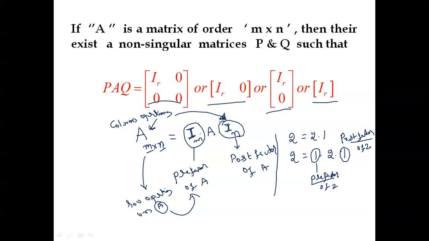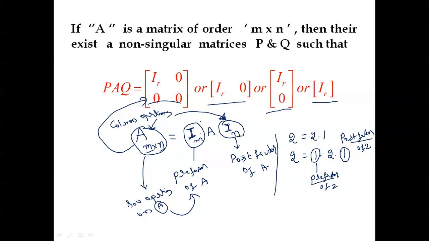So we continue this process until the left hand side matrix is reduced into one of the above normal forms.